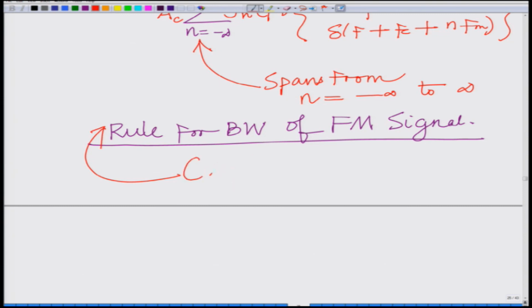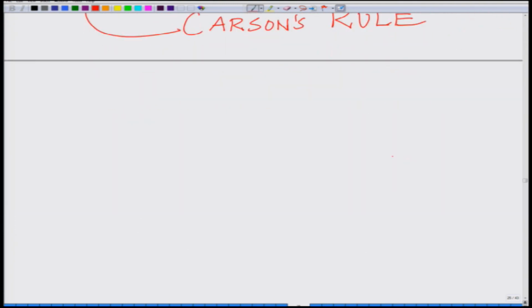This is Carson's rule. Okay, so this is the rule which helps us evaluate the bandwidth of the FM signal.